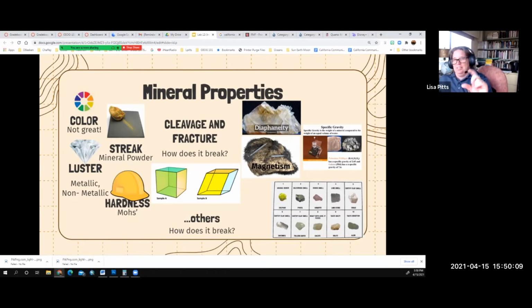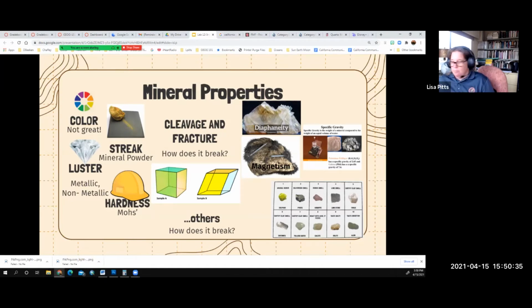He called it galena. Its identifying characteristic, besides the fact that it's cubed like that and shiny, is it's really heavy for its size. And that has to do with the specific gravity, which is how much it weighs compared to how much water weighs. So that used to be something that we could figure out.